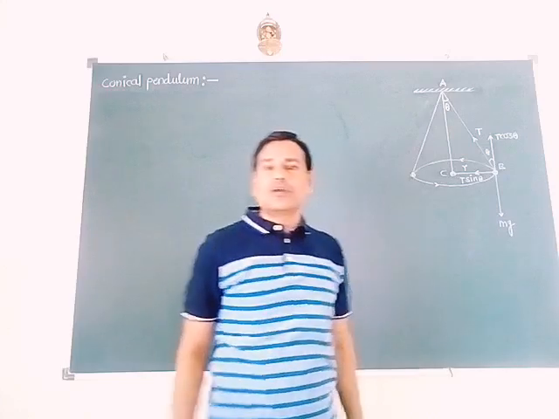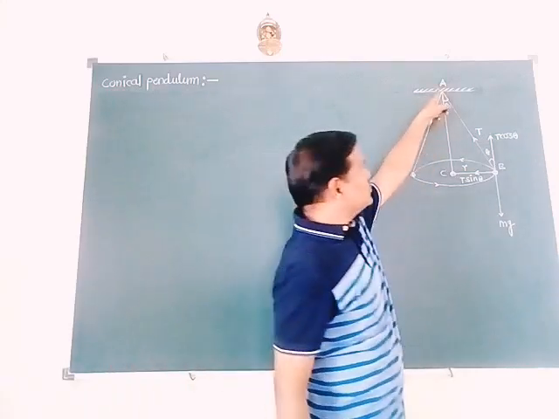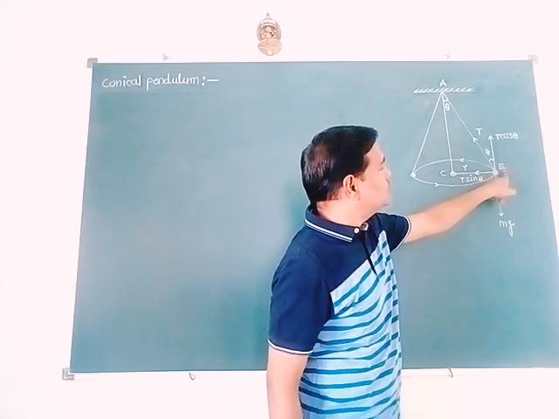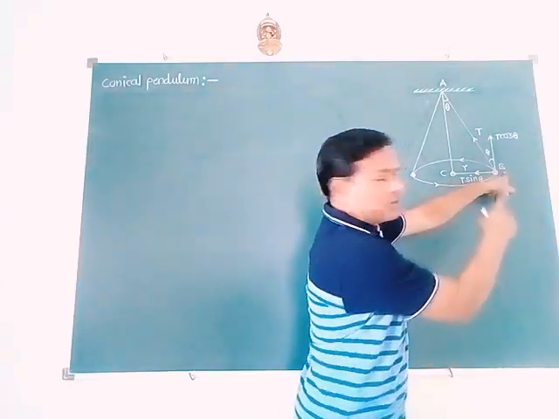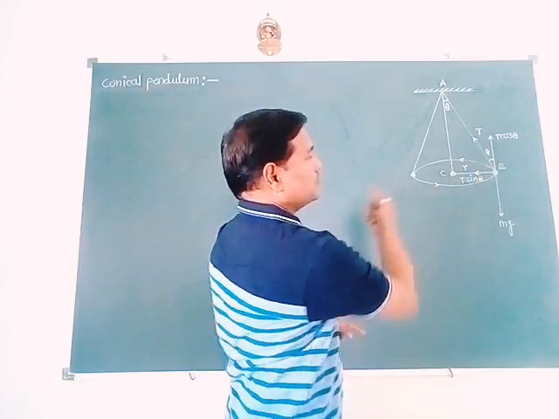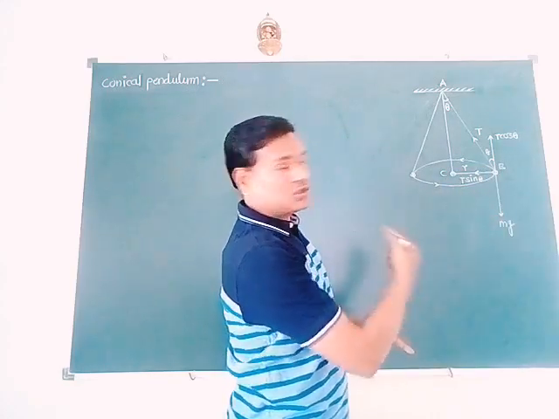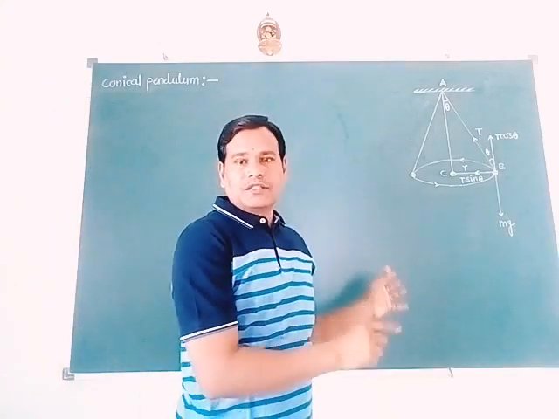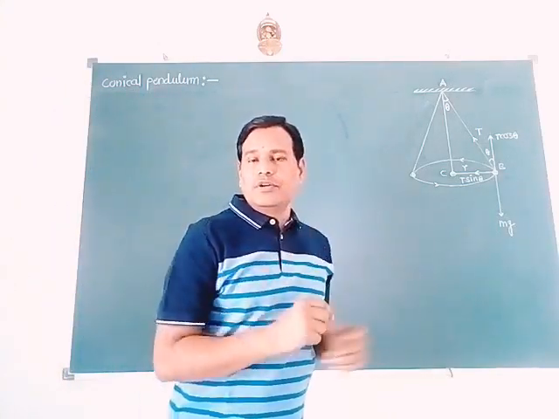So this is the light inextensible string, this is the metallic bob, it is displaced to point B and given a push in the horizontal direction so that it performs horizontal circular motion. We have to obtain the expression for the time period of the pendulum.